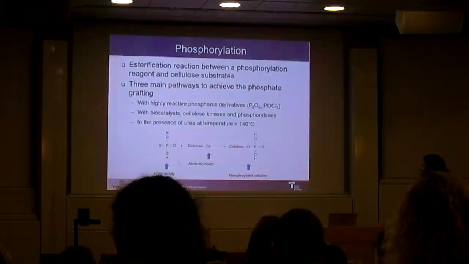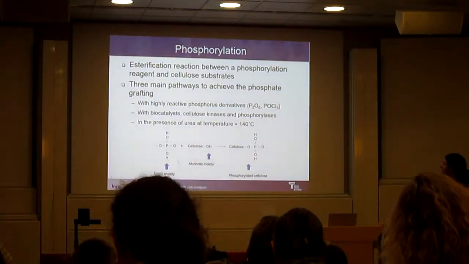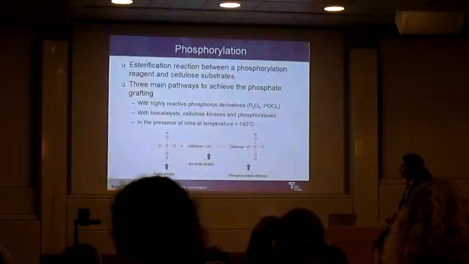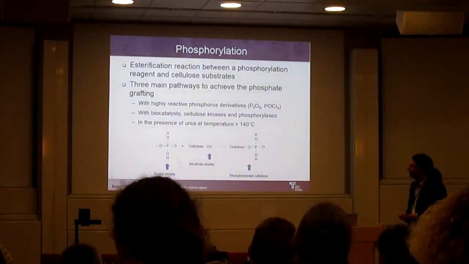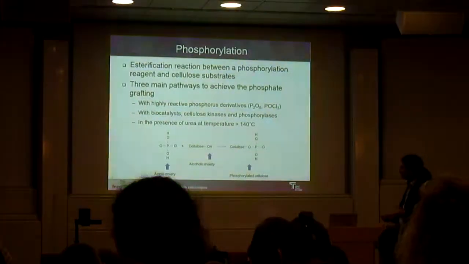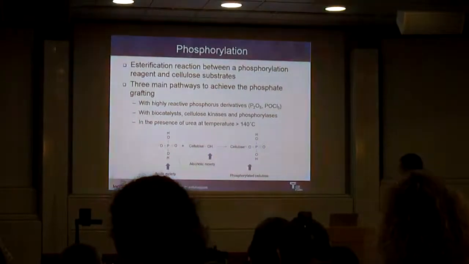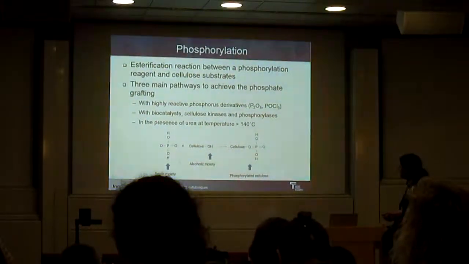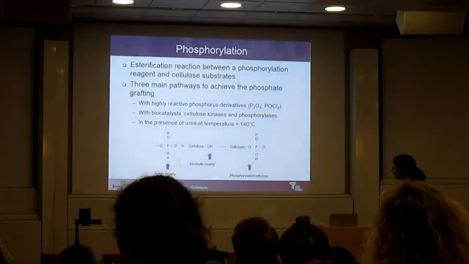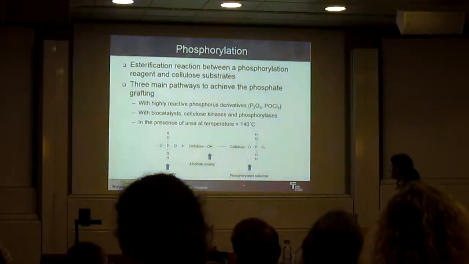So, very simple. What is phosphorylation? It's an esterification reaction which takes place between a phosphate function of a phosphorylating reagent and an alcoholic function of cellulose or lignocellulosic fibers. At the end, we graft phosphate at the surface of these lignocellulosic fibers to obtain what we call phosphorylated cellulose.